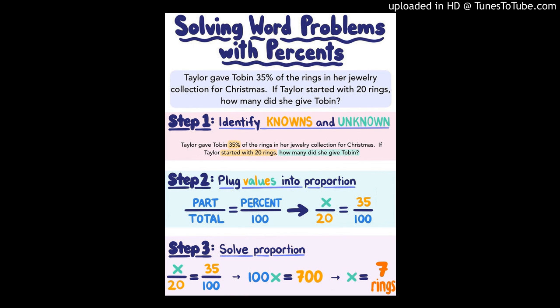Partner practice. At a noise level 1, work with your partner to complete the following problems. Page number 8. Number 1. Mr. Yoshi has 75 papers.